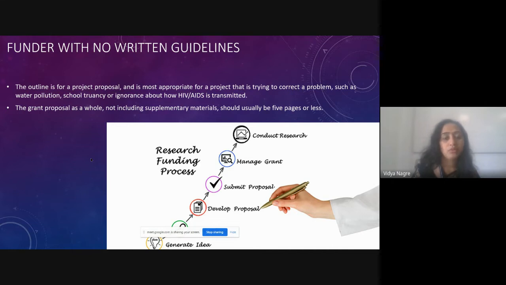Okay, so the most appropriate for a project that is trying to correct a problem, such as water pollution or school truancy or ignorance about certain transmissible disease such as HIV, AIDS, and so on. So I have here combined funding for project and funding for certain research both together, because those are similar on various fronts.